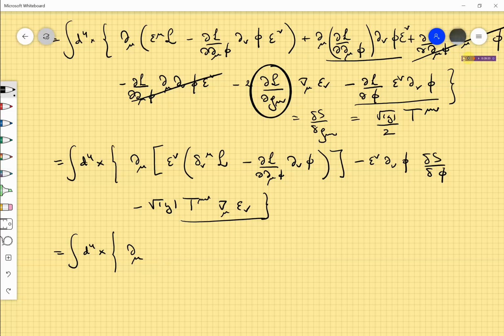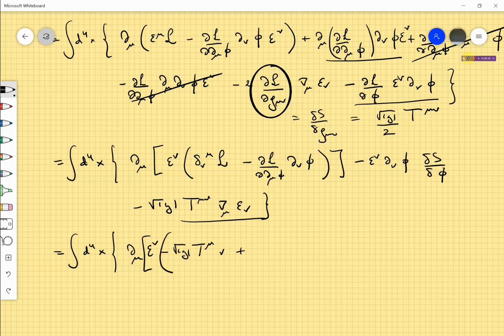This term is minus square root of g T mu nu with epsilon nu, but let me take epsilon nu with index up as a common factor.